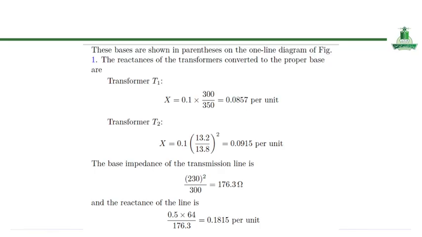For transformer T2, the conversion involves both voltage and power base changes. Do you remember we need this relationship to convert if the S base or V base has been changed.